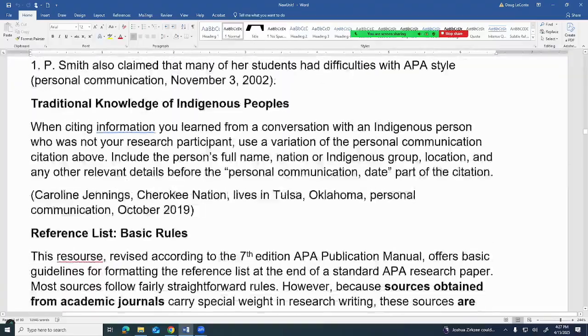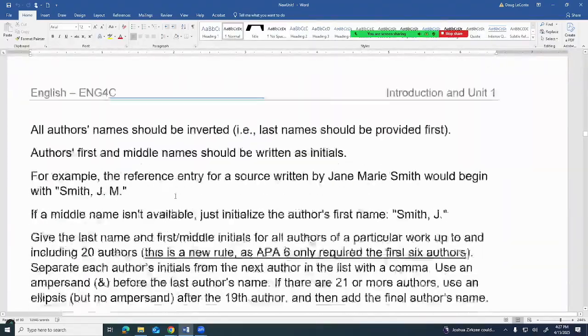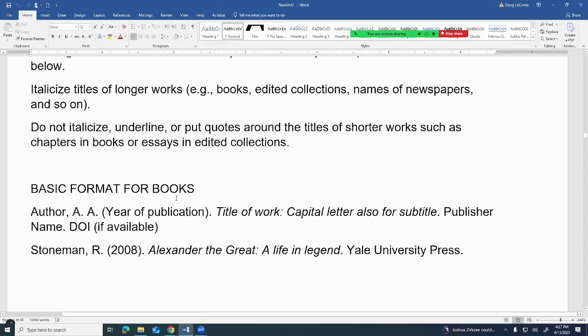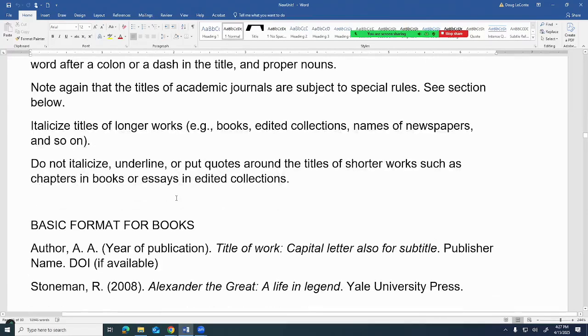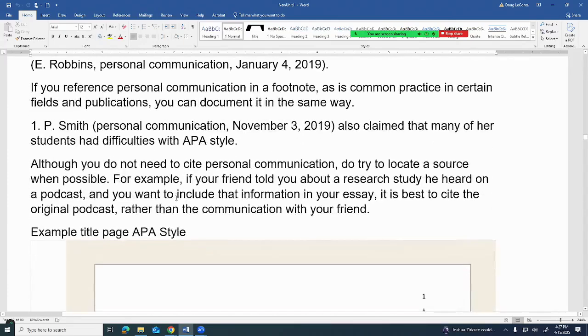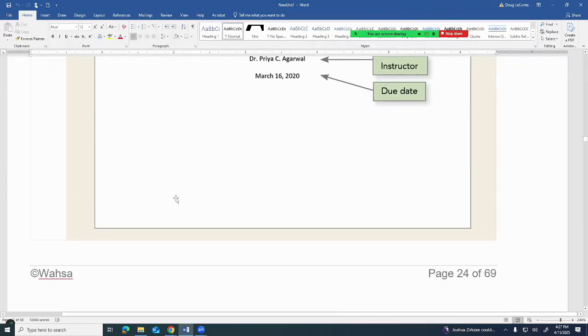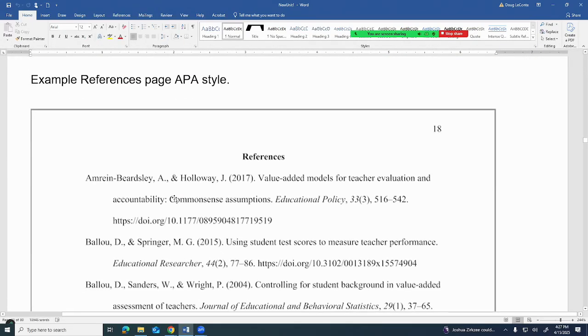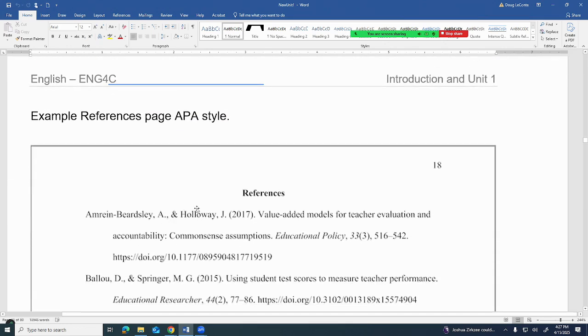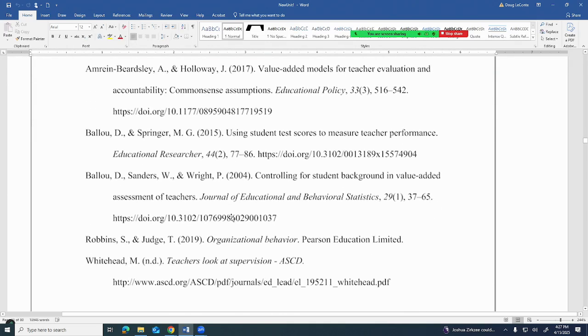The next section here is, excuse me. Okay, so on page 25, I have an example references page in the APA style.